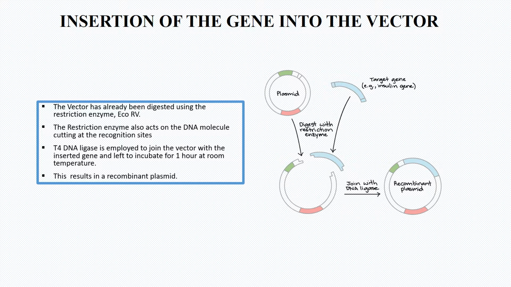Then T4 DNA ligase, the enzyme, is employed to join the vector with the gene and left to incubate for 1 hour at room temperature. After incubation, the result is a recombinant plasmid. The recombinant plasmid is the result of the ligation of the digested plasmid and the DNA molecule.